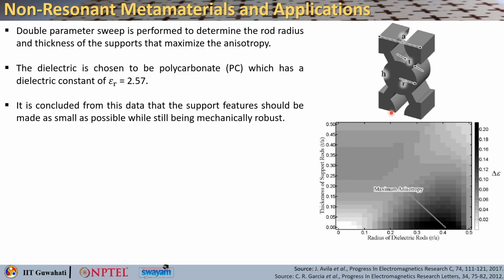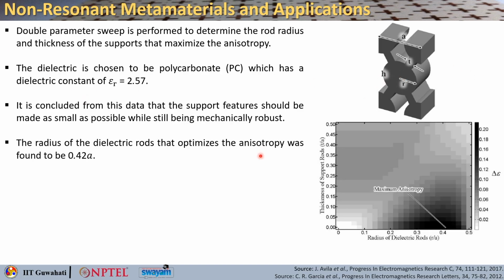Here the dielectric was chosen to be polycarbonate, which has a dielectric constant of 2.57. Okay, and the whole idea is that you need to keep the supporting rod as small as possible while it is still mechanically robust. Okay.